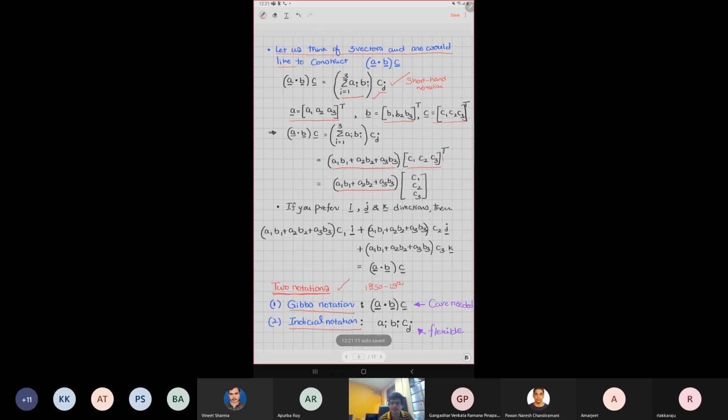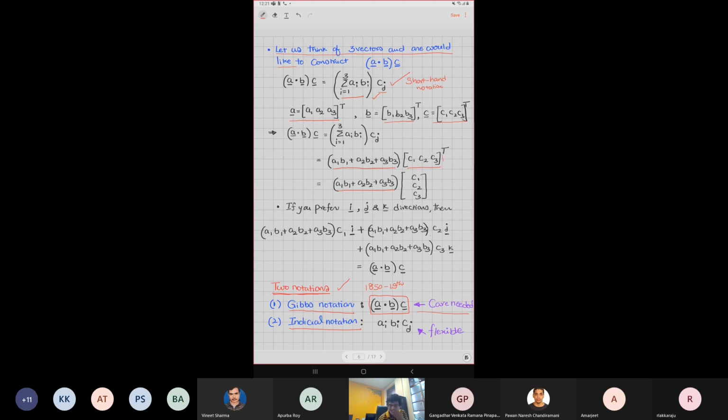For that, what he tried to do is usually he gives something like vector, underscore, dot, cross, this kind of notation he used to give. He used to work in that way. That kind of notation we call Gibbs notation. So the earlier things that we have learned, something like dot, cross, and so on, we usually call in continuum mechanics classes Gibbs notation.